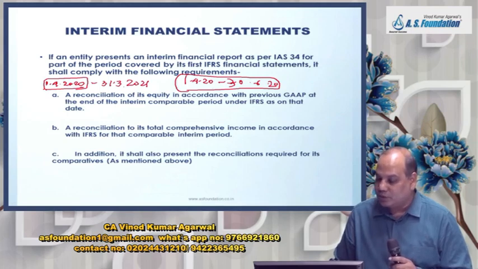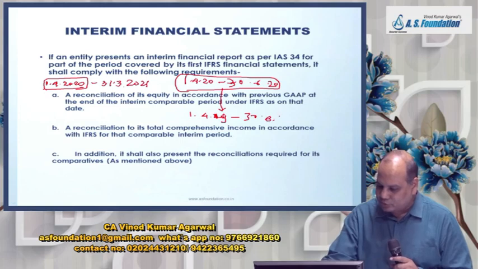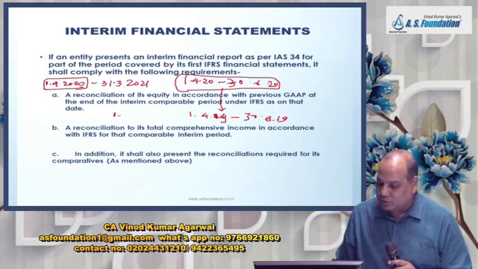If you have to prepare this, you have to give a comparative also. Say for example, for profit and loss account, the comparative figure will cover 1/4/19 to 30th June 19, and there is one opening SOFP also required as on 1/4/19.